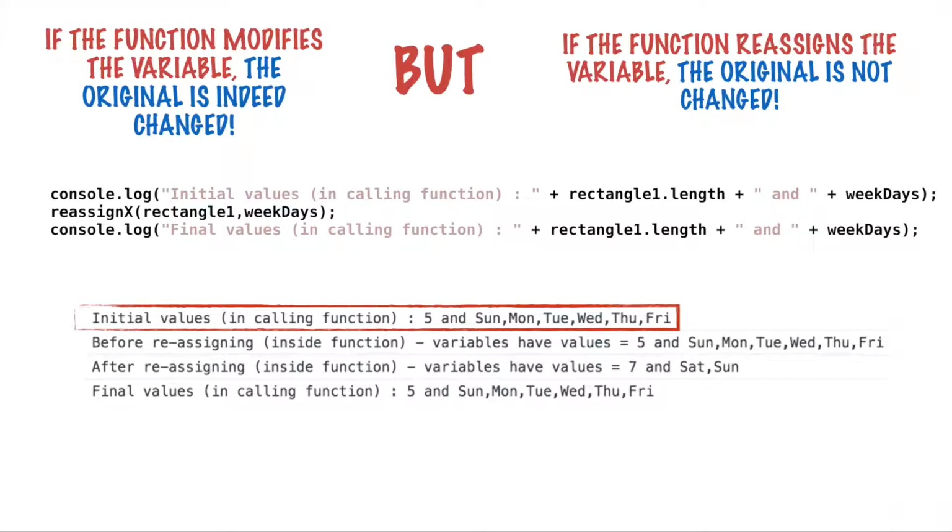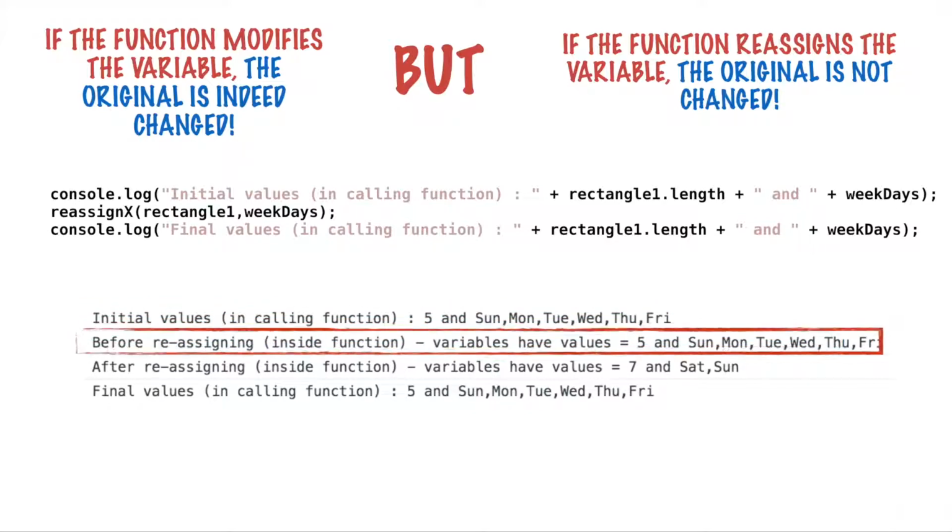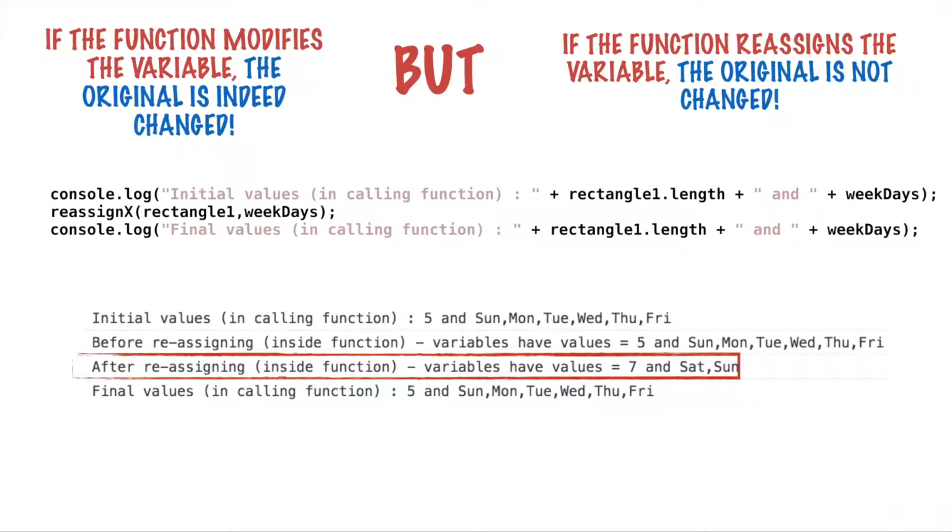Inside the reassign x function, before we actually do the reassignment, we check the value of the rectangle length and the weekdays array once again and find that it's the same as the initial values, 5 and then Sunday through Friday. Now comes the interesting part. We reassign the rectangle object and the weekdays array to new values. And then we print out what values it has inside the reassign x function.